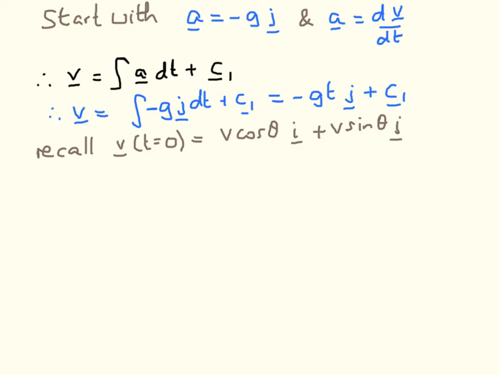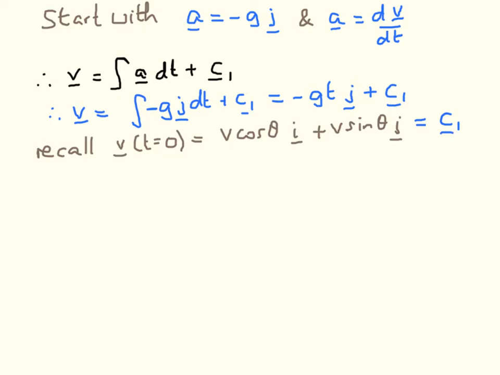Now if we compare this and this expression and we put t is 0 in, we see at t is 0 this term vanishes and we are left with c1. So this tells us that c1 is equal to this. We can just say immediately that this is equal to our integration constant.